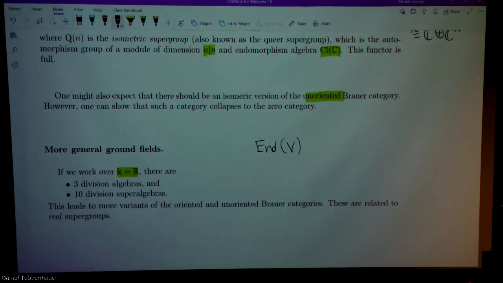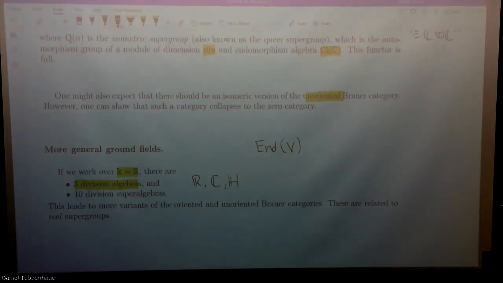Schur's lemma tells you it needs to be a division algebra in the non-super case, or a division superalgebra in the super case. And there's this remarkable fact that I didn't know until fairly recently, well, I knew the first one. There are exactly 3 division algebras over the real numbers. So those are, probably a lot of people knew this, the real numbers, the complex numbers, and the quaternions.